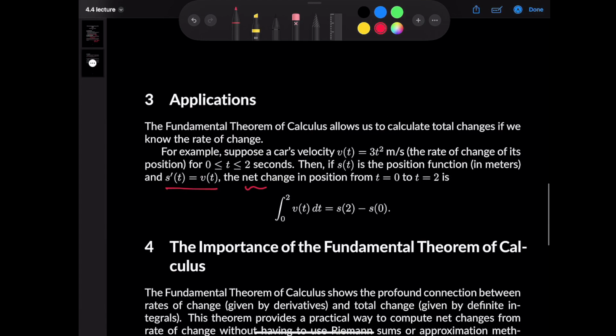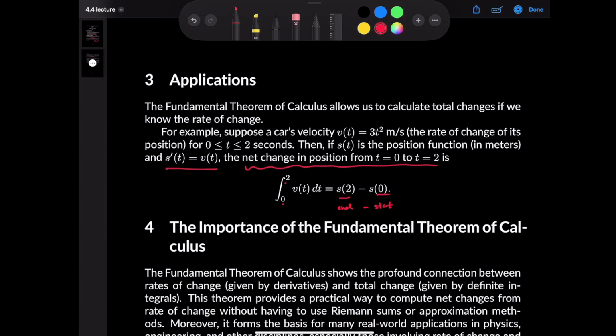So the net change in position from t equals 0 to t equals 2 is the integral from 0 to 2 of v of t. And the accumulation of that rate of change is equal to the end position minus the starting position. This is how we connect these two things.